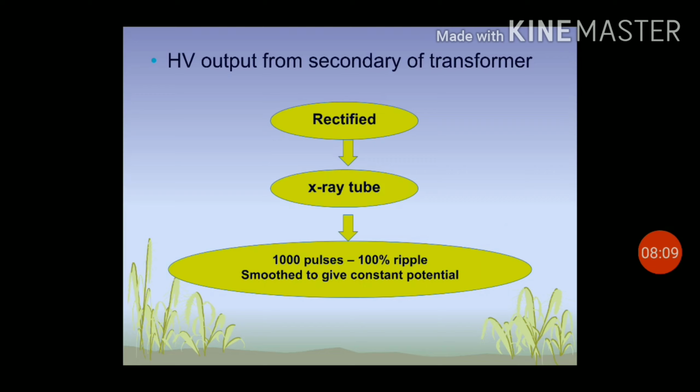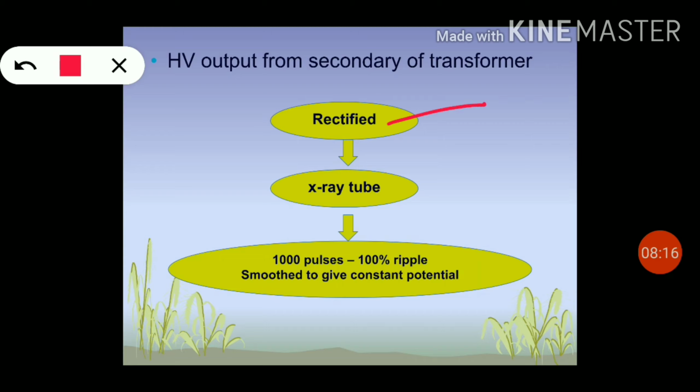The high voltage output from the secondary side of the transformer is first rectified, then supplied to the X-ray tube as 1000 pulses per second. So 1000 pulses per second will give 100% ripple theoretically.